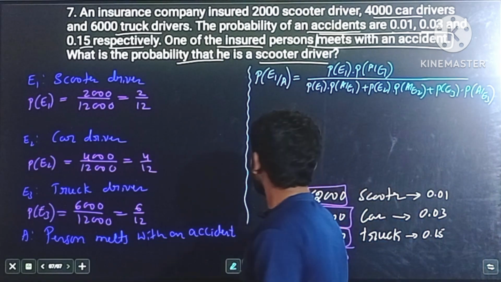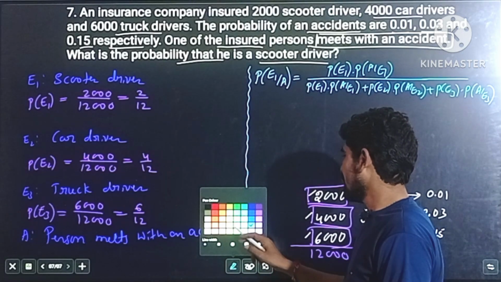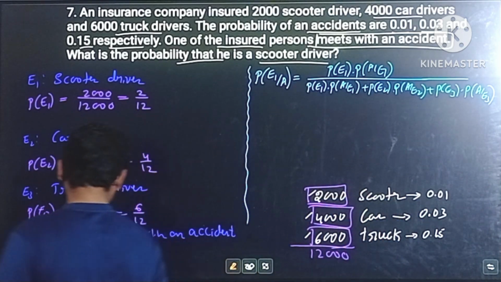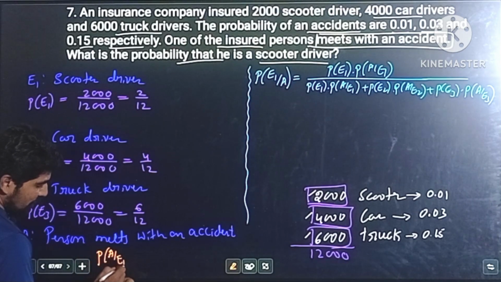Now we need probability of A given E1, A given E2, and A given E3.